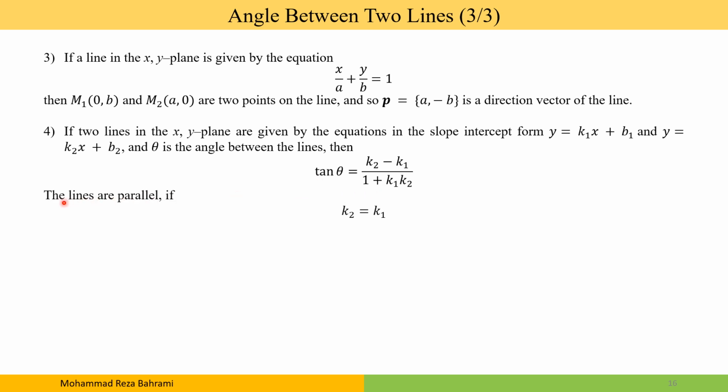If the lines are parallel, it means that k2 equals k1. So k2 minus k1 results in 0, so tangent theta equals 0, so they are parallel. And if the denominator becomes 0, in this case k1 times k2 should be equal to minus 1. In this case the lines are perpendicular.